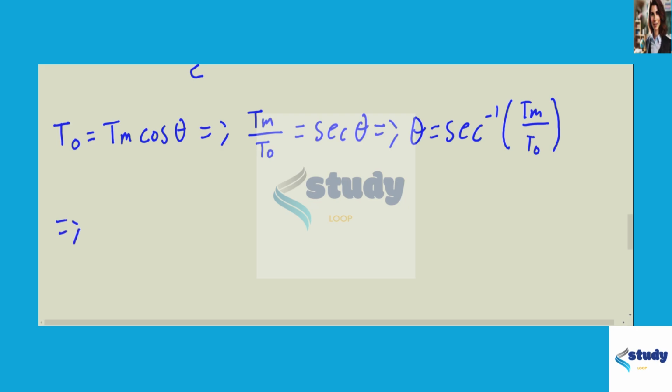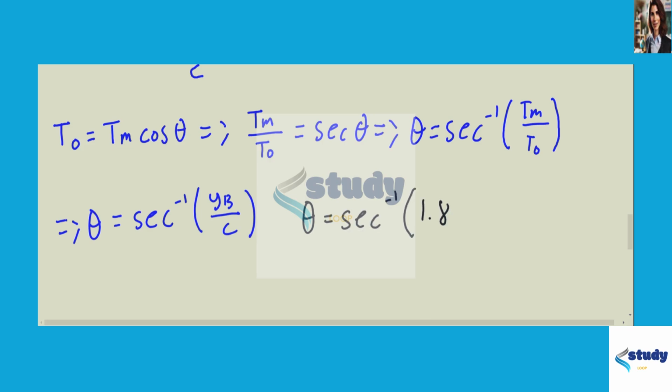So theta is equal to the secant inverse of y of b over c. And we've already calculated the value of y of b over c. So we can now say that the angle theta is equal to the secant inverse of 1.8102, and that will give us an angle theta that's equal to 56.5 degrees.